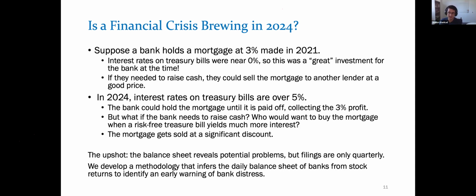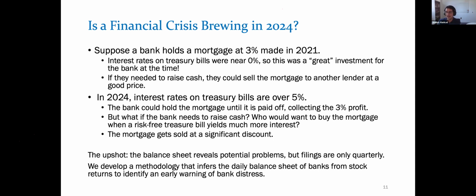So now the issue is, just in case the bank actually needs to raise cash, what do they do? They sell their assets like mortgages to somebody else. Well, who wants to buy a mortgage at 3% if the current interest rate is way above that? Basically, that mortgage is worth much less, and so if the bank does need to raise cash, they sell it at a severe discount.